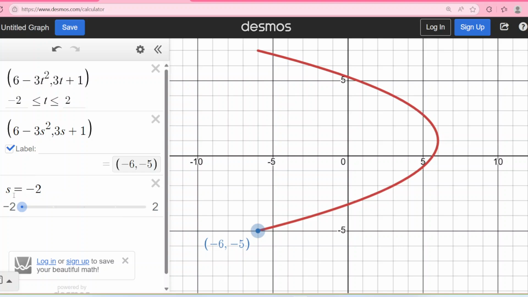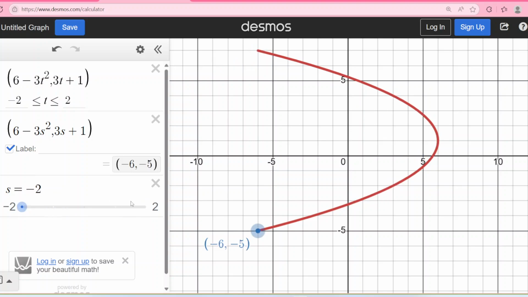When the parameter was -2, here it's s, I was at the point -6, -5 down here. And then -1, 3, -2, which was on my graph by hand. 0, we were at 6, 1, which was on my graph by hand. 3, 4, when the value of the parameter was 1, and 6, 7, -6, 7. You can see that blue point moving around when the value of the parameter was 2.